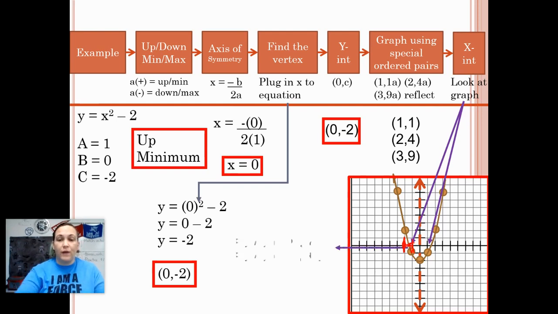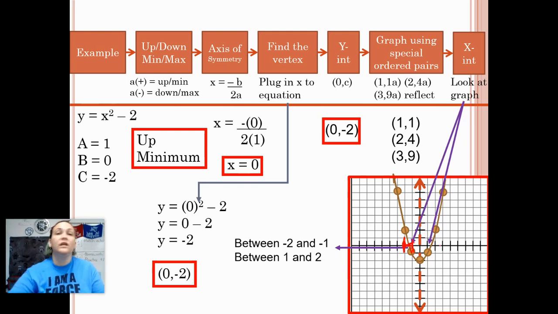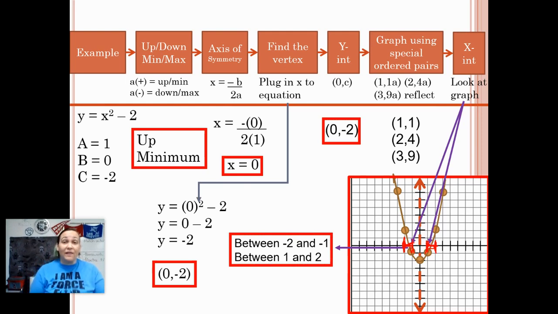So that's what I'm going to write: between -2 and -1. And then for the right side over here, it's falling between the 1 and the 2. It's trapped somewhere in the middle. So it's not going to be an exact answer, and that's okay. We can't get an exact answer from this graph because it is a decimal.